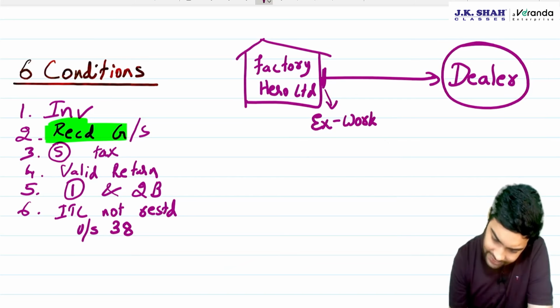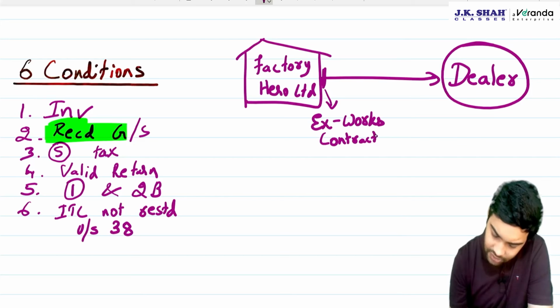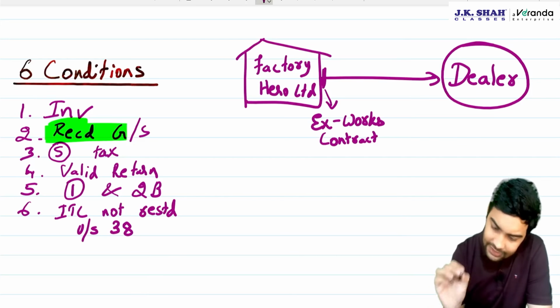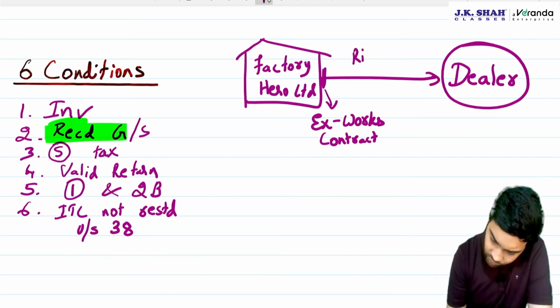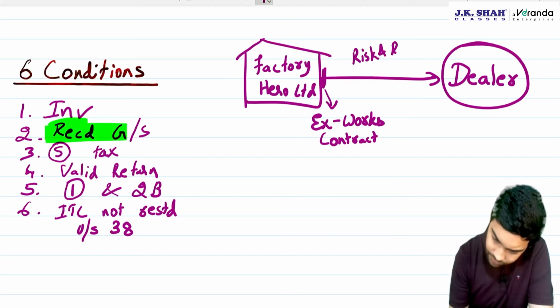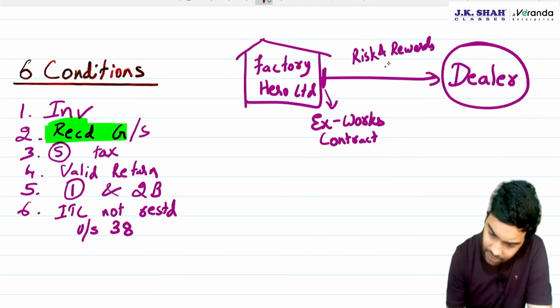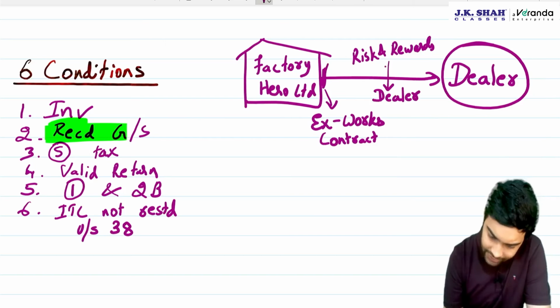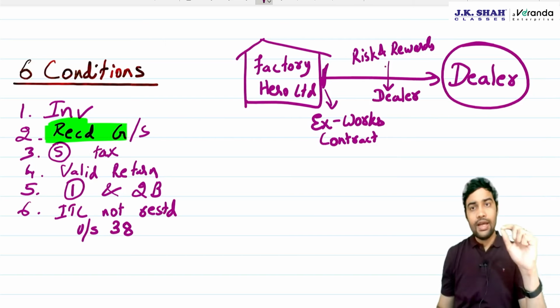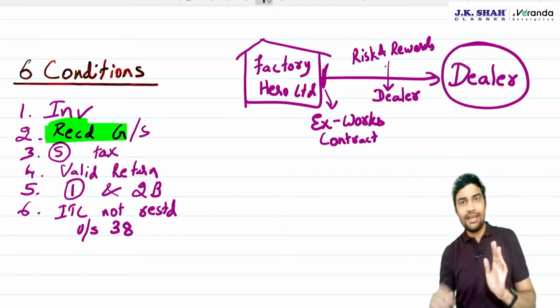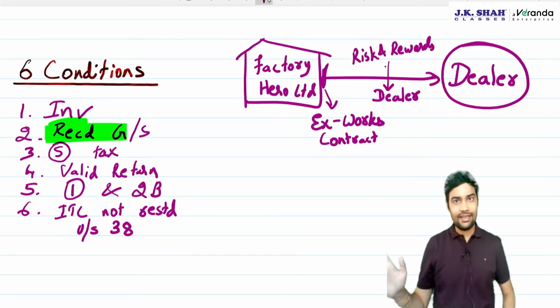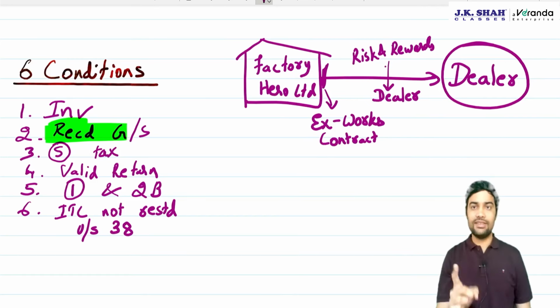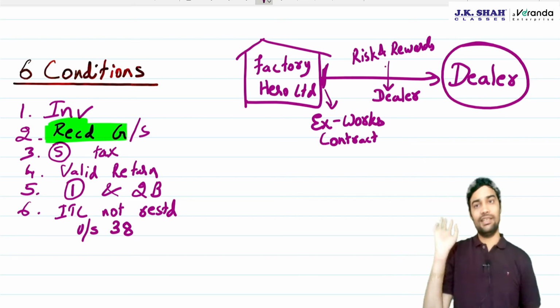There is something called as ex-works contract. Ex-works contract meaning the risk and reward of the vehicle will be on the dealer once it has left the factory gate. So, from the factory gate of Hero till the dealer, the risk and rewards is on the dealer.